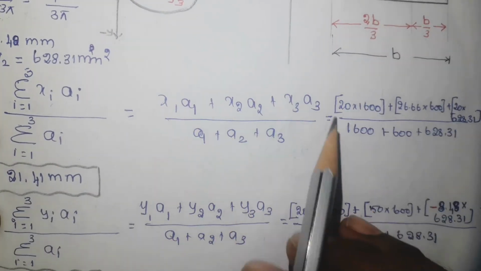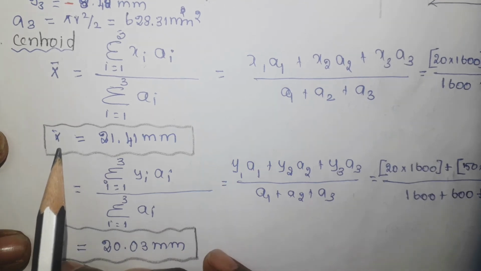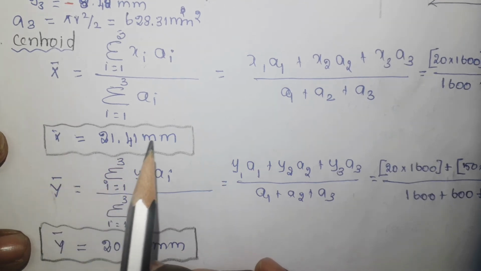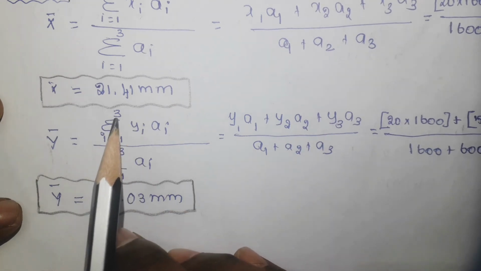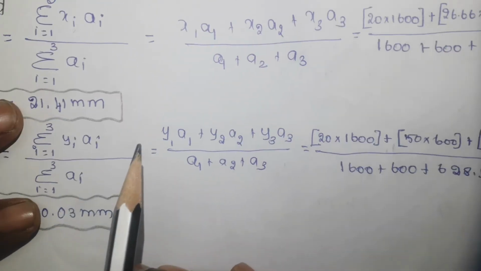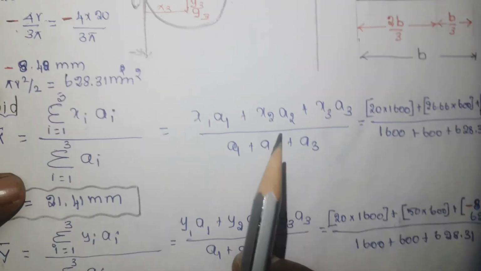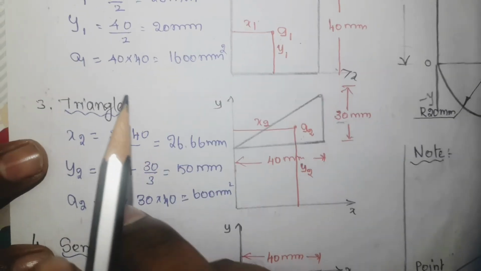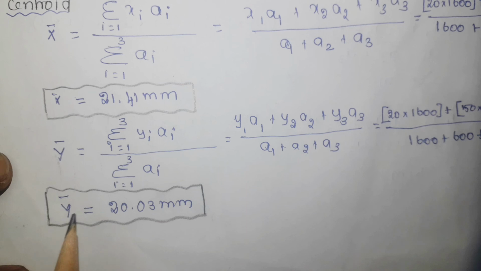When you substitute all the values and do the calculation, you get x bar equal to 21.41 mm. Similarly, substitute n equal to 3 and expand the equation. In the place of y1 and a1, you just refer from here and substitute, and you will get y bar equal to 20.03 mm.